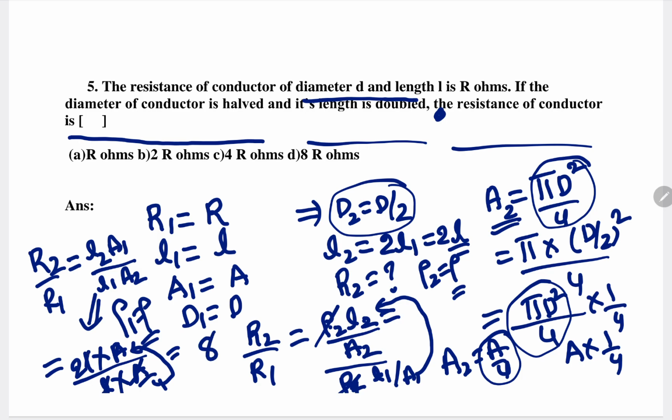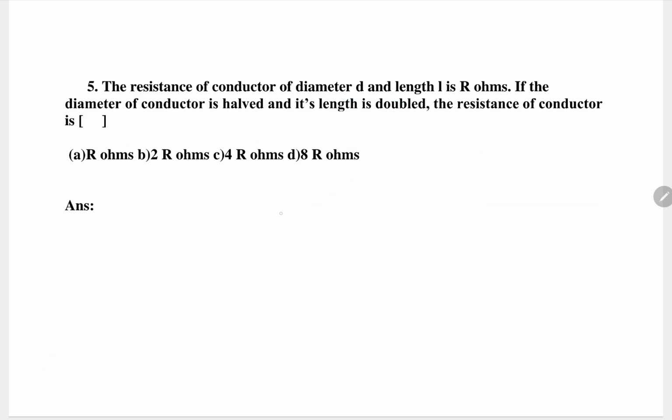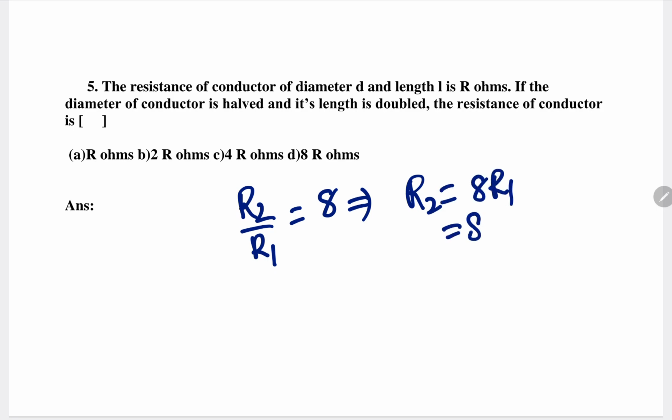So R2 by R1 is 8, remember that value. R2 is 8 times R1, and R1 given is R. So the answer is 8R ohms, which is D.